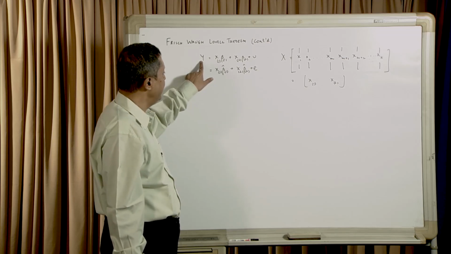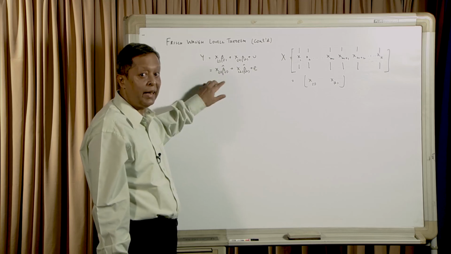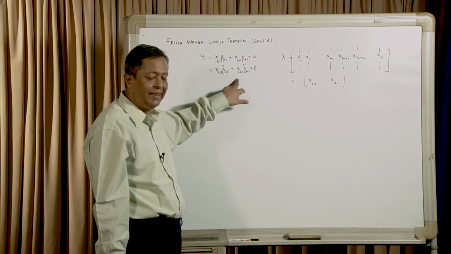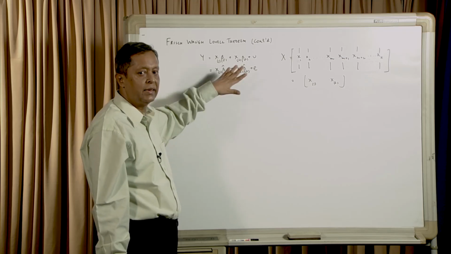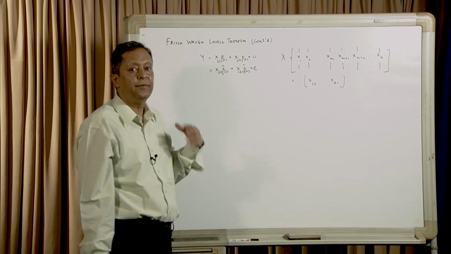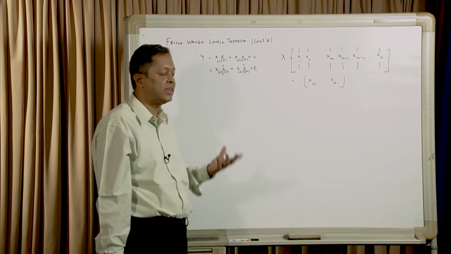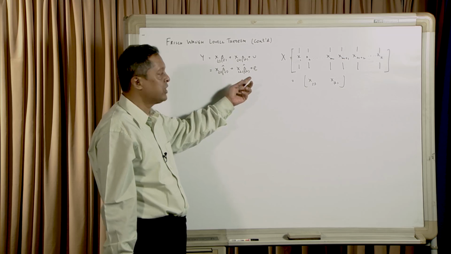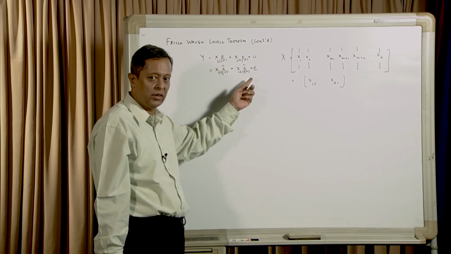So, first y will be regressed on X1 and the residuals will be obtained, and then X2 will be regressed on X1, the residuals will be obtained, and the final result is as simple as saying that we obtain beta 2 hat when we regress pure y on pure X2.